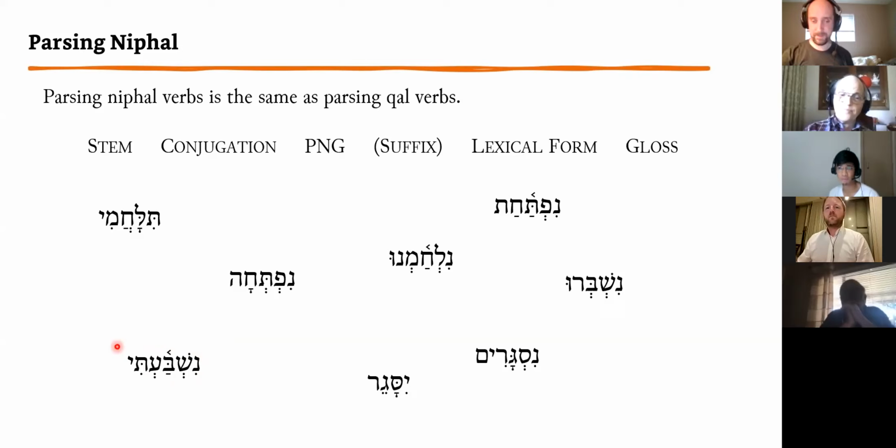Swear, yeah. Okay. Let's break this up into the stem, conjugation, PGN. There's no suffix here. The root and the gloss, if you would do that for us, for nishbati. So it's nishbati. Niphal. Perfect.